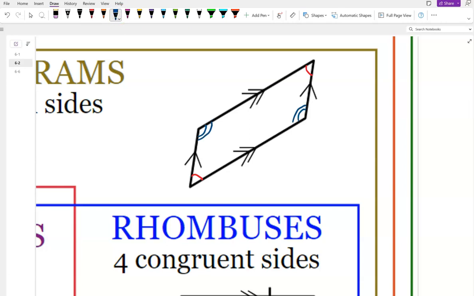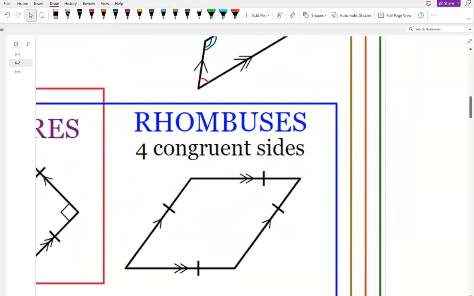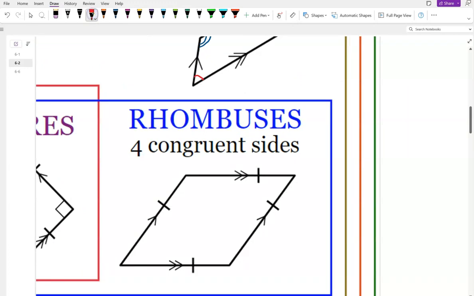The angles opposite of each other are always congruent. So if they tell you that this angle up here, this red one, is 50, then the other red one, the one opposite of it, is also 50. Or if they say this is 100, then this one's 100. It's the same thing for a rhombus, because a rhombus is still technically a parallelogram. So what works for a parallelogram works here as well. Opposite angles are equal.